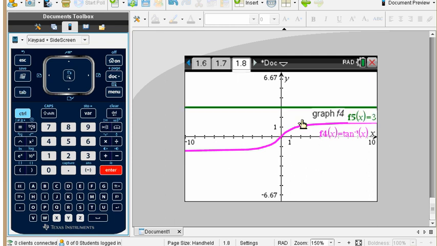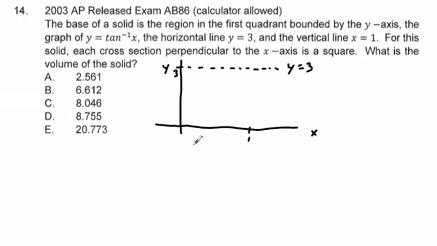So we're talking about this shape here. And we have this lavender one right here. So you're going to have a function that looks something like this. Here's our inverse tangent one. It comes up like this.